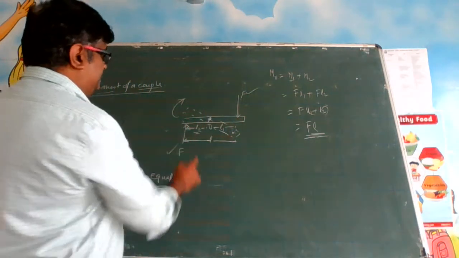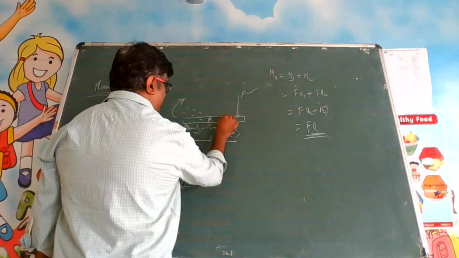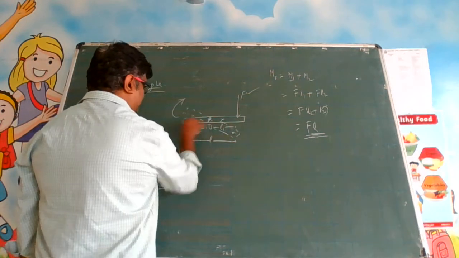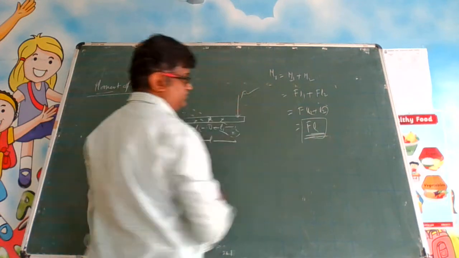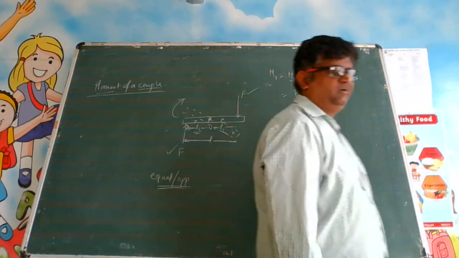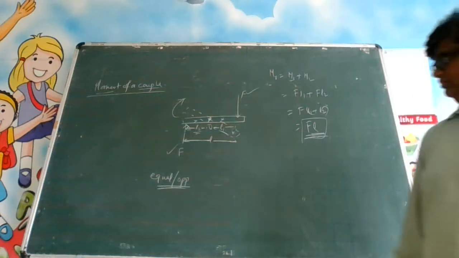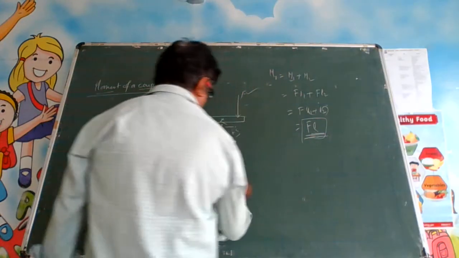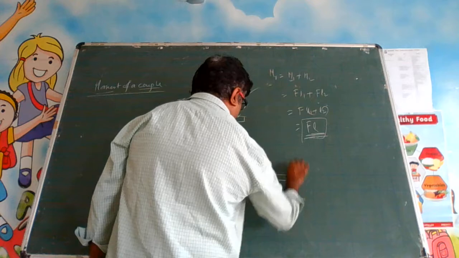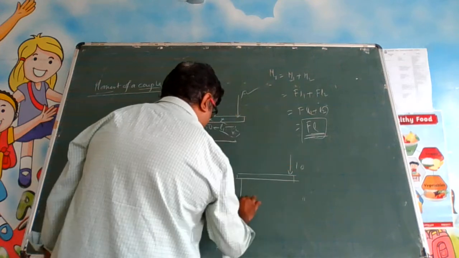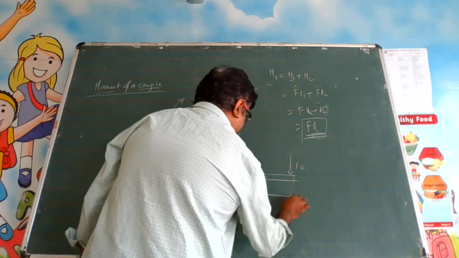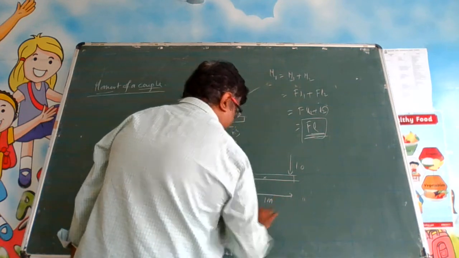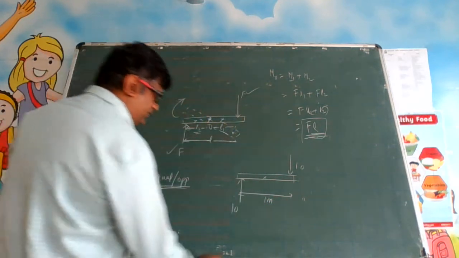Instead of O, if you take the point here, anywhere you take, the moment of a couple will never change. It is like this. You took a bar like this. Let us say you apply 10 Newton force over here and 10 Newton force over here, and the distance between them is 1 meter. What is the moment of a couple?